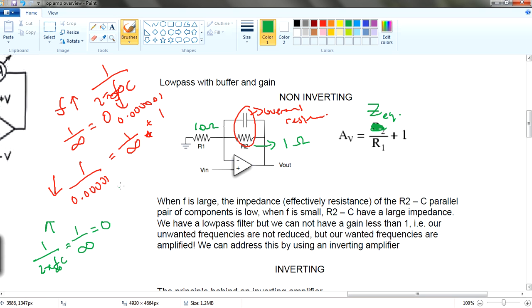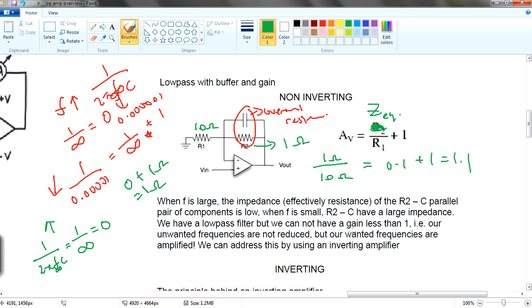So if 0, the overall impedance is 0 plus the resistance of 1 ohm. So you only have 1 ohm over here. So overall, the Z equivalent divided by R1 is like 1 ohm divided by 10 ohm. You will have 0.1, plus 1, 1.1.